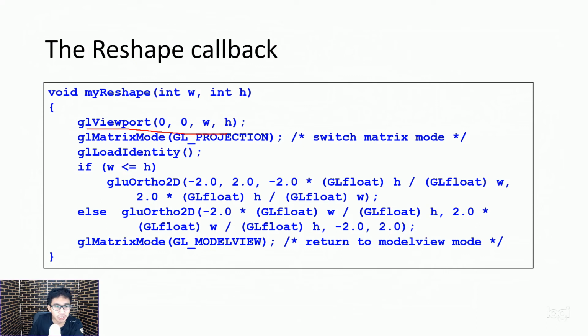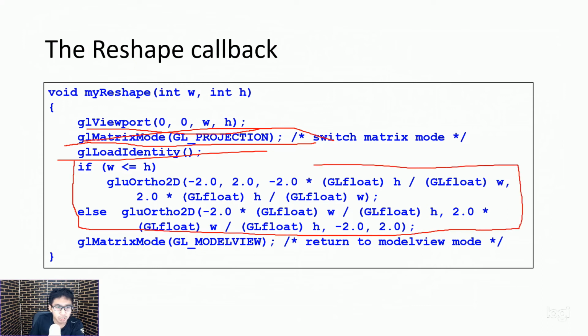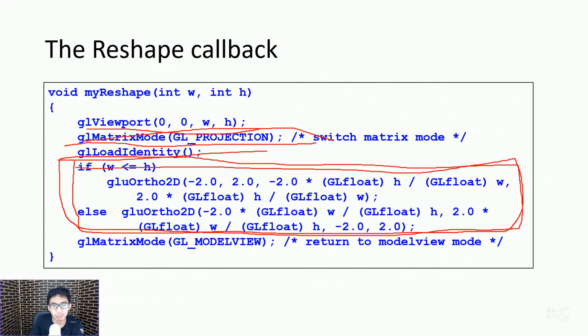Okay, so we declare glViewport. This is where we are going to look on the screen. glMatrixMode is our projection, where the volume that we are going to look at, glLoadIdentity resets the screen. And then if we are using glOrtho, this is actually to make the window proportional to the object, so we can have the object drawn very nicely when we change the size of the window, move the window and so on.